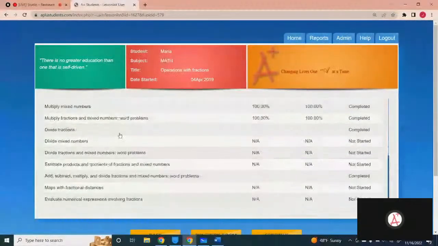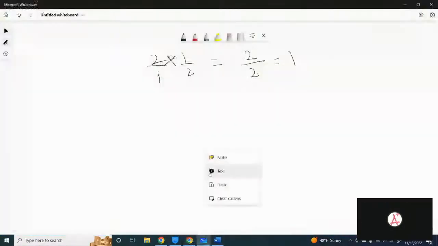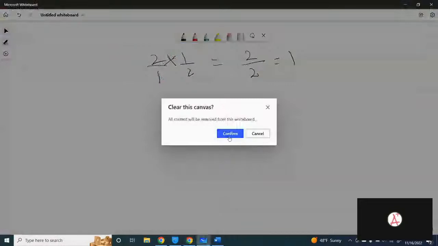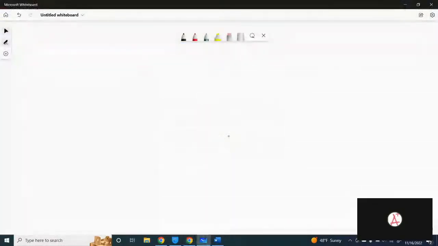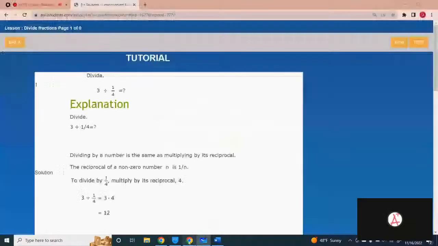Okay, the next one is divide fractions. The next lesson is divide fractions. Let's start with the practice questions.